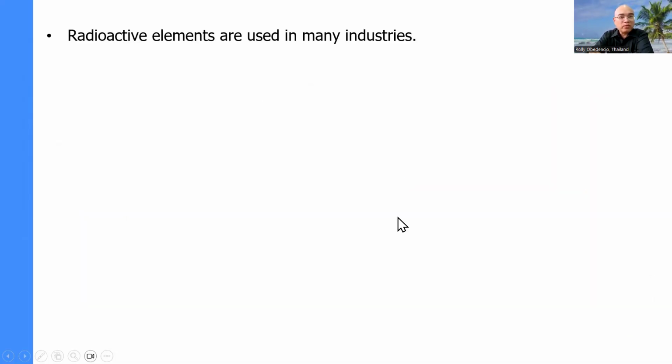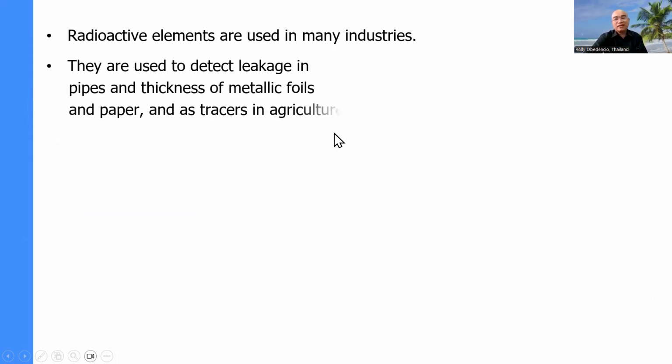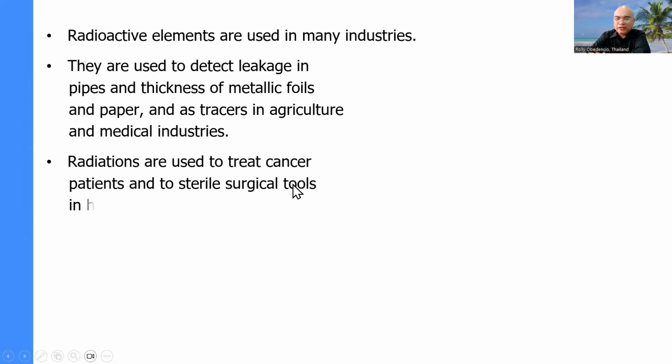So what about radioactive elements? They are used in many industries. They are used to detect leakage in pipes and thickness of metallic foils and paper, and as tracers in agriculture and medical industries. Radiations are used to treat cancer patients and to sterilize surgical tools in hospitals.